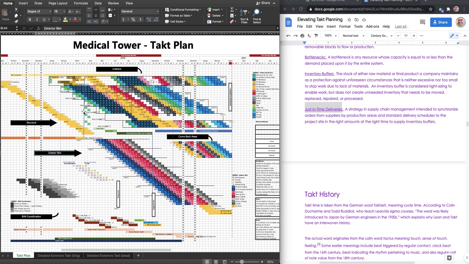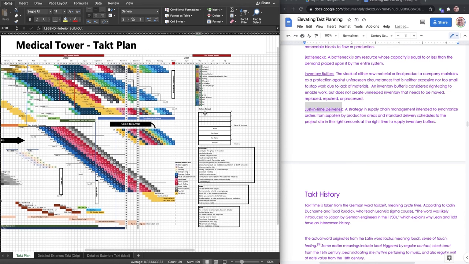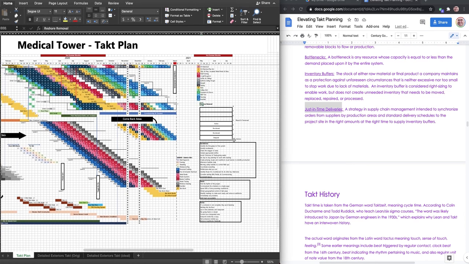So I love that. These arrows show interconnected ties, so I like to make good use of that. Vertical milestones like substantial completion, targeted air on date, power on date, those are my milestones. This over here is my legend, where I show what the Takt wagon numbers mean. I've got some sketches that I can put over here to the right.